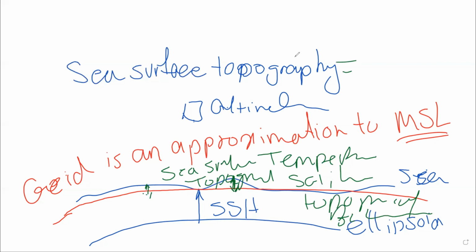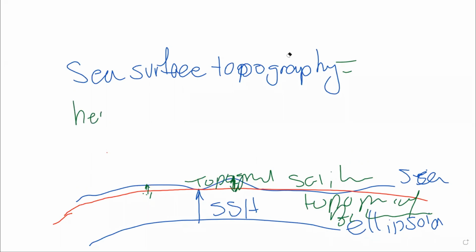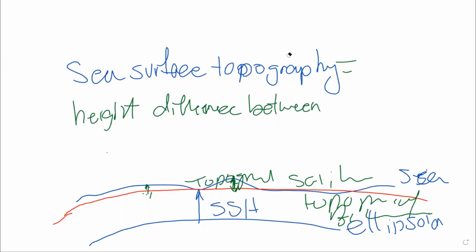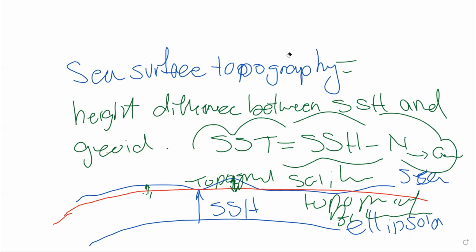Let me rewrite it here. I can write a mathematical model for that. So sea surface topography, SST, is sea surface height minus N. N is the geoid. That's all.